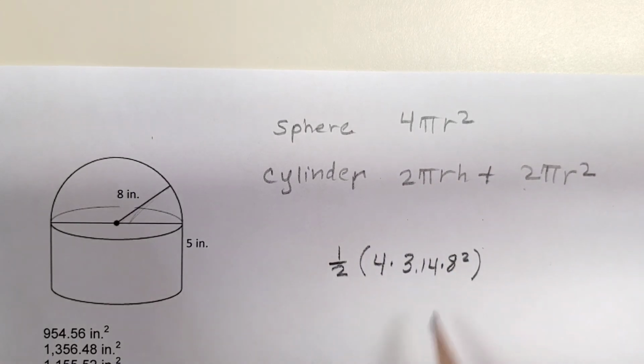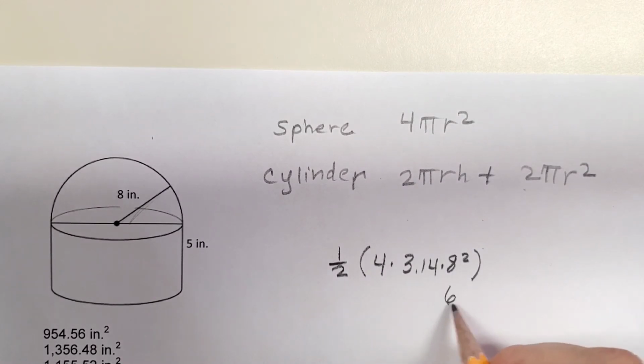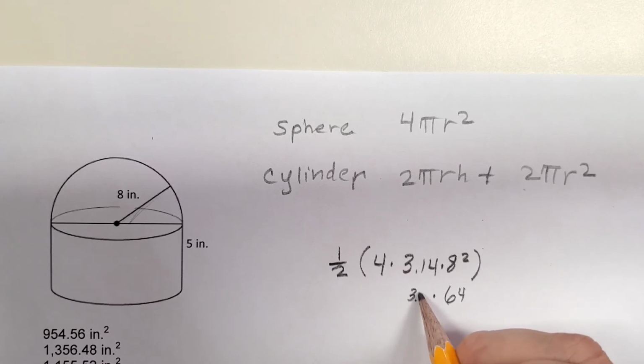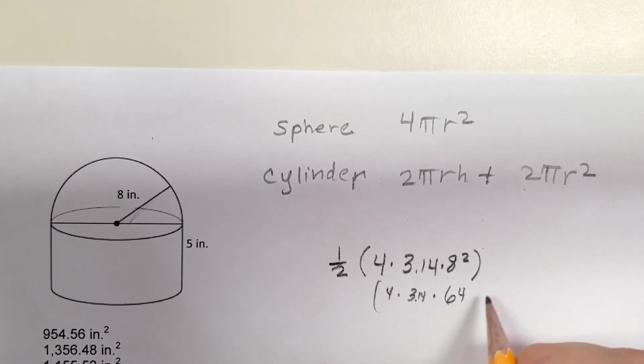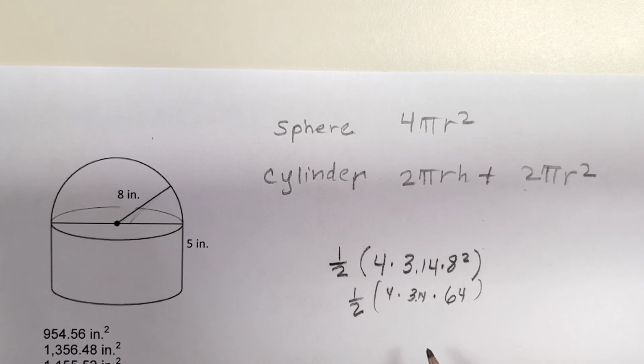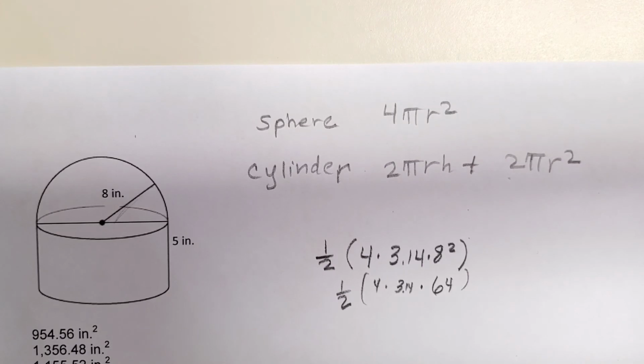Alright, so it's going to be 64 times pi times 4, and then half of that. Alright, what's 64 times pi times 4? 803.84.